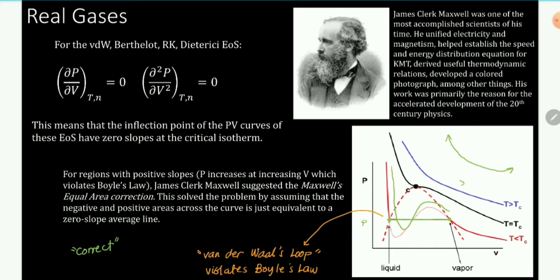So kapag nag-drawing ka ng maraming isotherm, magfo-form ka ng mga points of intersection, tapos pwede mong i-connect yung mga points na yon to this curve. Okay? So this curve is sometimes called the liquefaction curve kasi at this curve, makikita mo yung intersections ng molar volumes ng gas tsaka liquid. So we'll discuss the liquefaction curve and the Maxwell equal area correction later in this physical chemistry course.